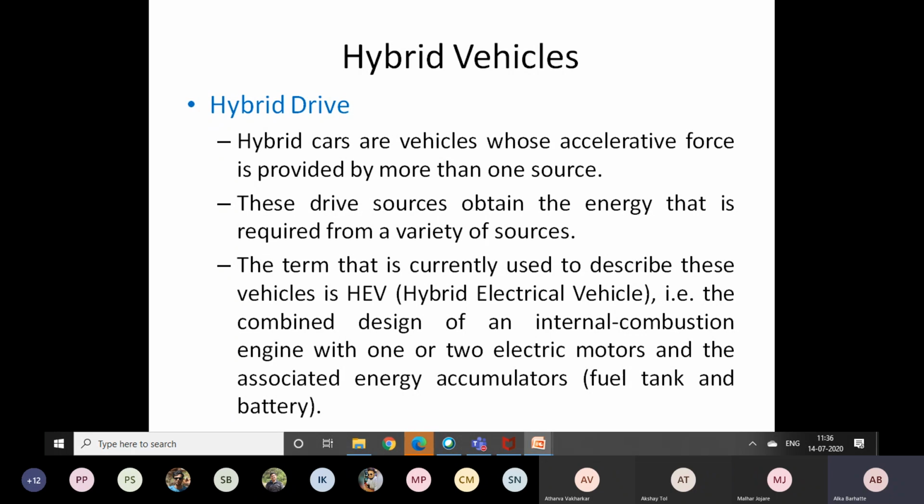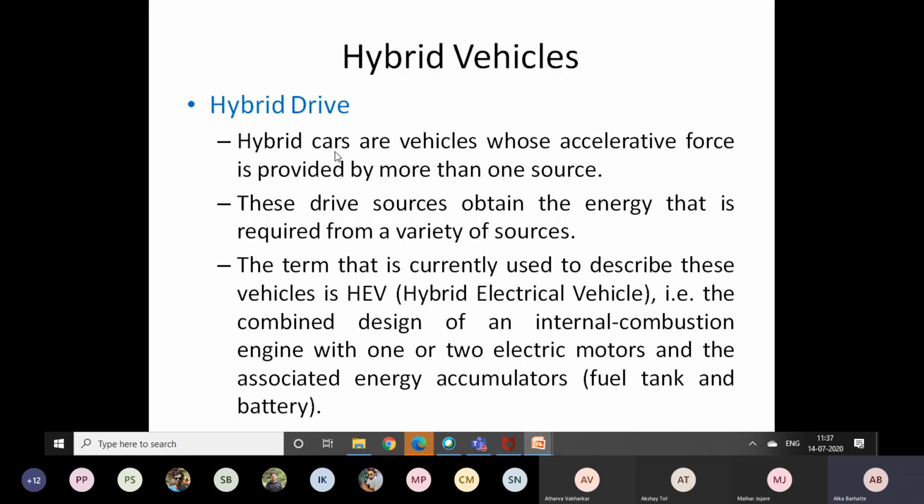And as the word hybrid represents, it is using more than one input source to drive the wheels of the vehicle. It is using the existing IC engines, as well as the batteries as the supporting system, and that is why these are known as hybrid vehicles.